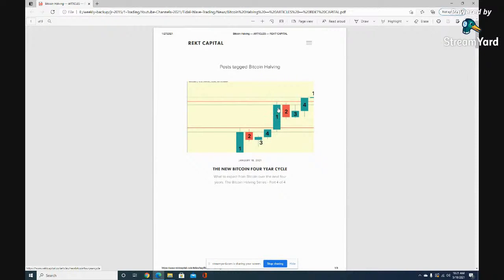After the flag usually completes, there's a 70% probability of success when the pattern goes its correct way, which is breaking to the upside in this case. And there's a 70% chance that after the flag is complete, we're going to see a nice retracement. And you can see here on number 2 that this is what's happening, right?